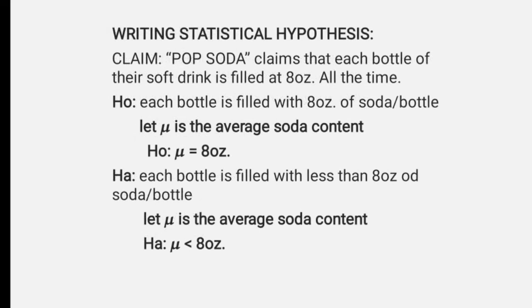Now, let's have a simple claim in this particular statistical hypothesis. The claim here is that Pop Soda claims that each bottle of their soft drink is filled at 8 ounces all the time. So that is their claim, and we want to prove if their claim is true based on our sample.